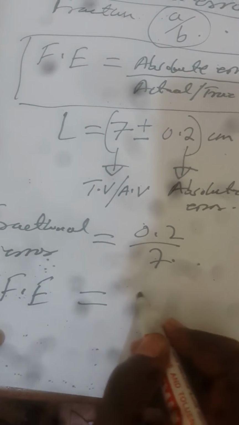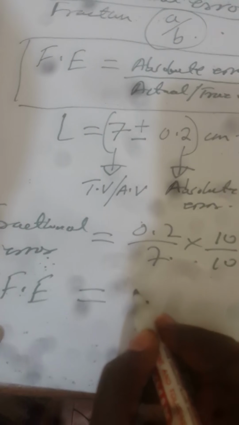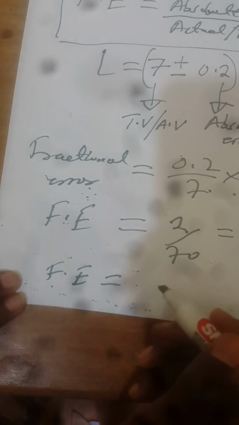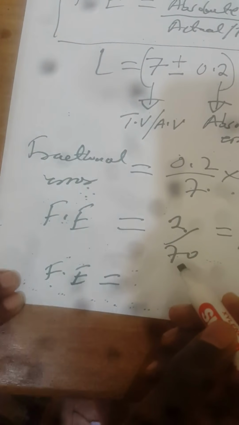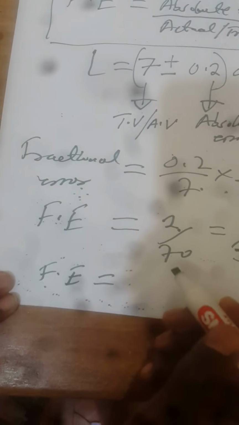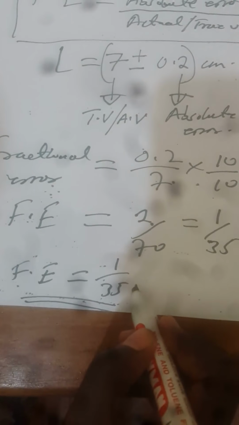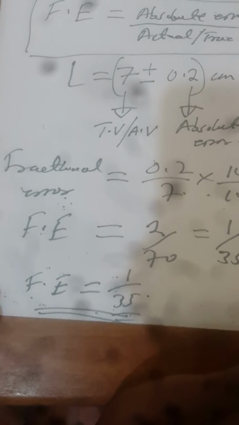So here you will obtain fractional error, which is equal to, when you multiply by 10 up and down, 2/70. When you simplify, it will be 1/35. So our fractional error in this example of length of a stick is 1/35. Simple like that. This is a fractional error. I hope you have understood.